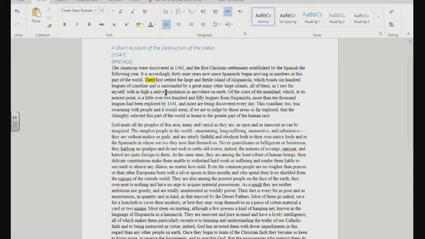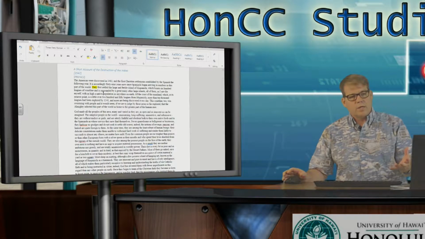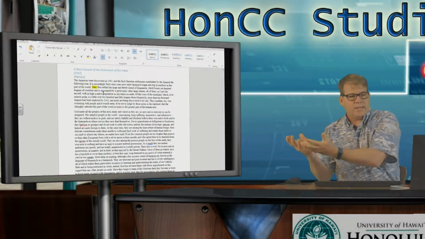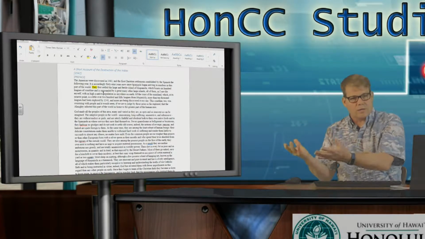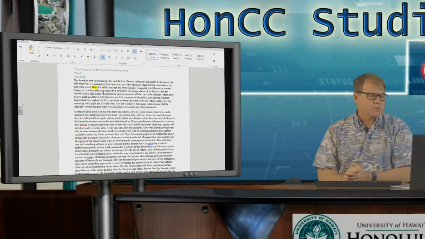But he doesn't refer to the Spanish as we, he refers to them as they. That's really interesting, and it probably has something to do with the way that De las Casas is thinking about his job as an author and why he is writing this document. So it helps us with this paper question: purpose. What is his purpose?